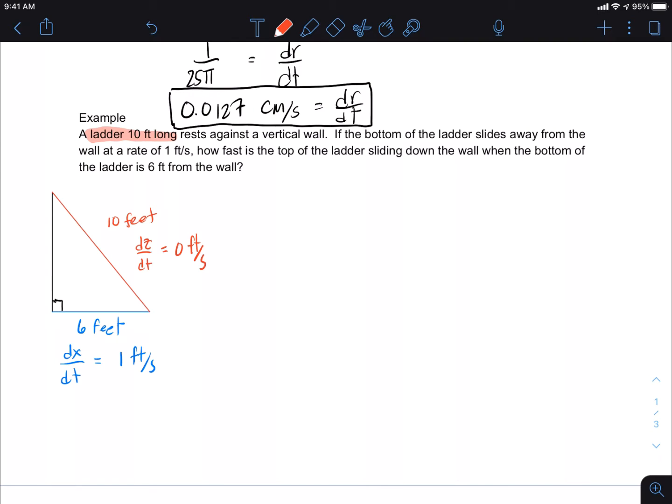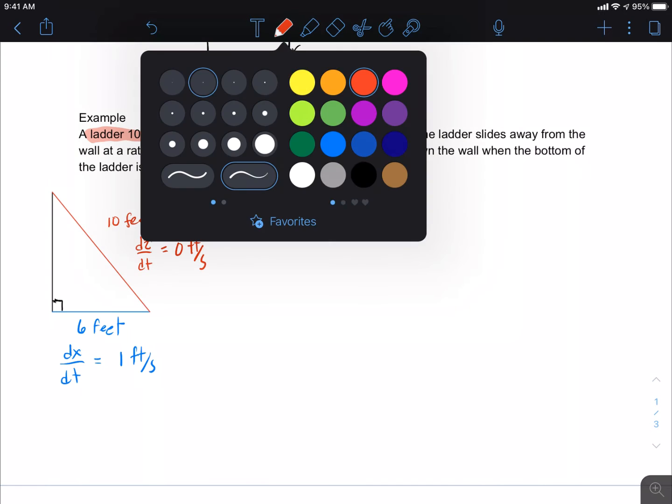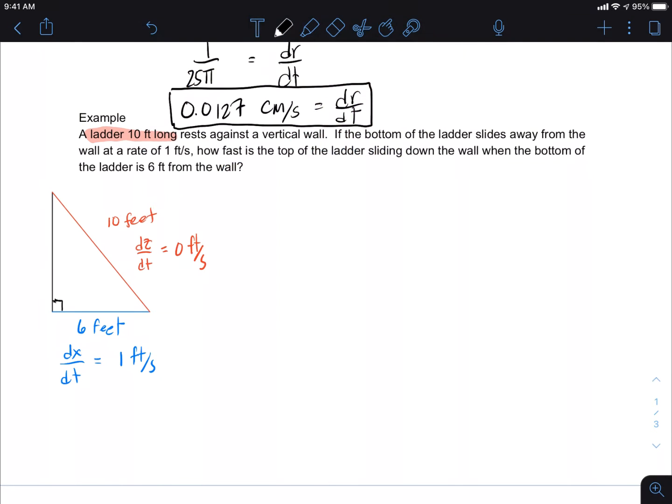Now we have to do a little bit of math, okay? Because what we're looking for is how fast the top of the ladder is sliding down. So we're looking for dy/dt of this thing, correct?